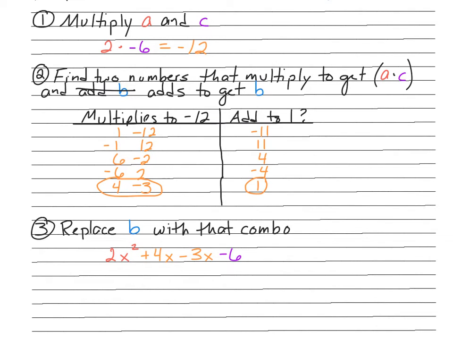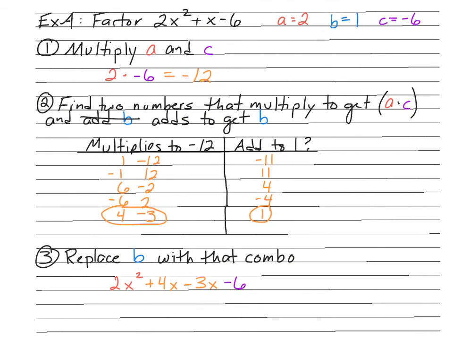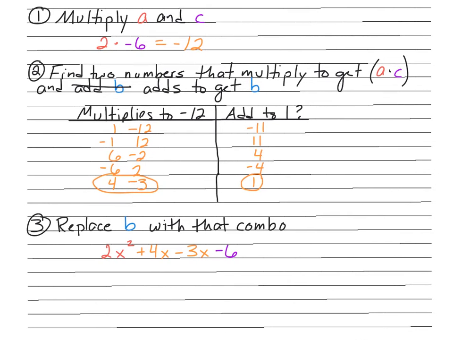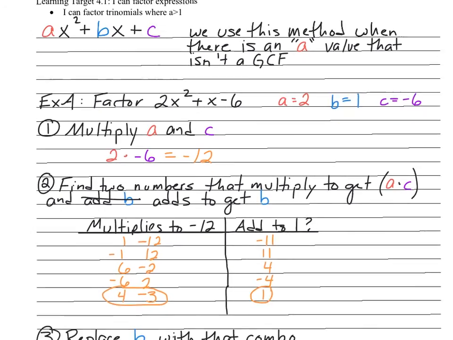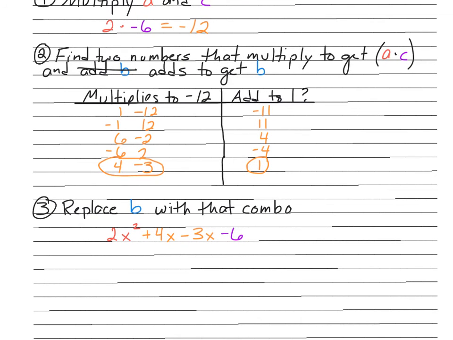Let me see if I can fit this all on the screen. Dang it, I can't. But see this 4 and negative 3? If I add those back together, it would get me 1, and that's back to my original expression. So really what I'm doing is pulling it apart so I can revert it.